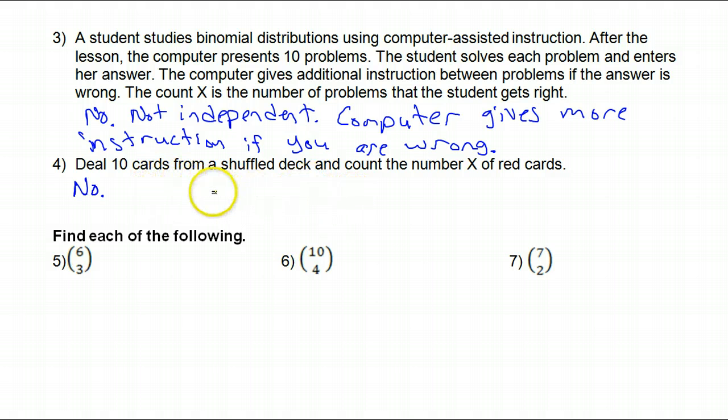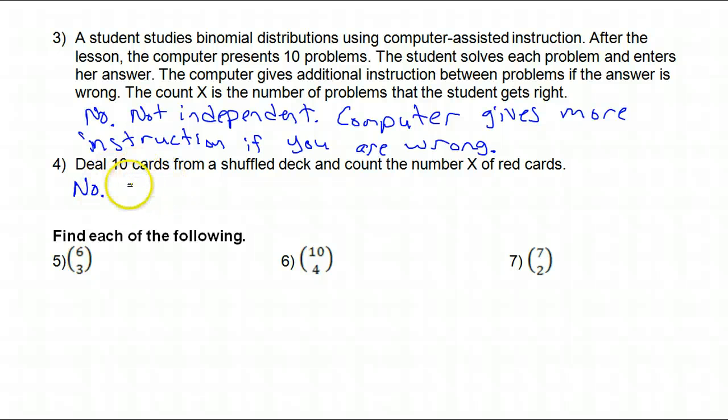But if you turn a card and you see that it is red, then there are fewer red cards left in the deck. So the probability changes. So drawing one red card is going to affect the probabilities of drawing another red card and another red card.